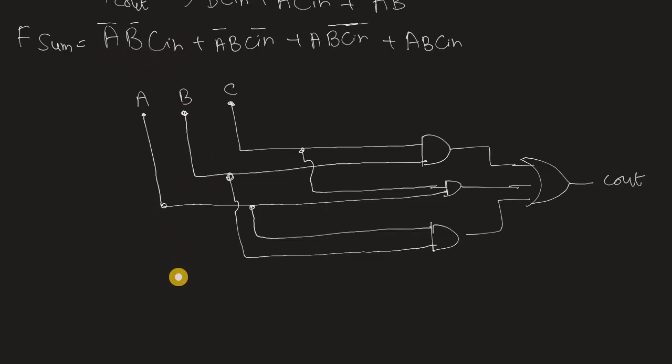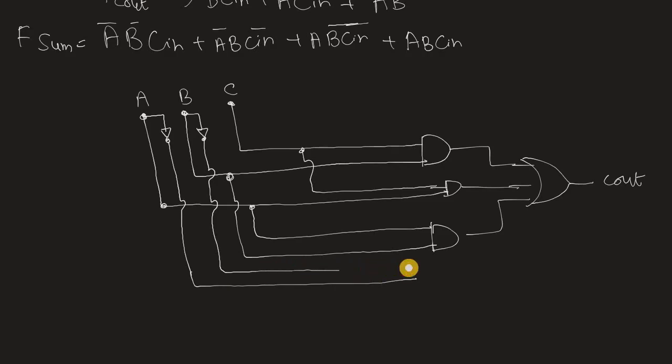So we can put a, and it goes through the NOT gate, so you have a naught here, then b naught, and then c as it is, and combine them using the AND gate. Then you have a naught, b, and c naught.